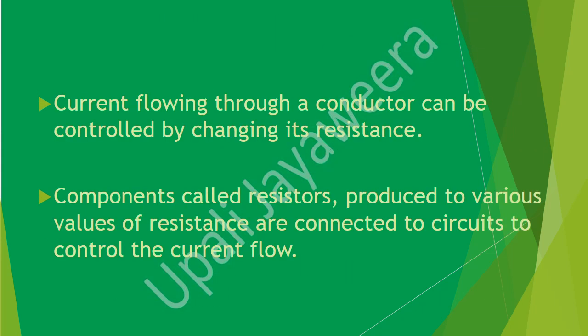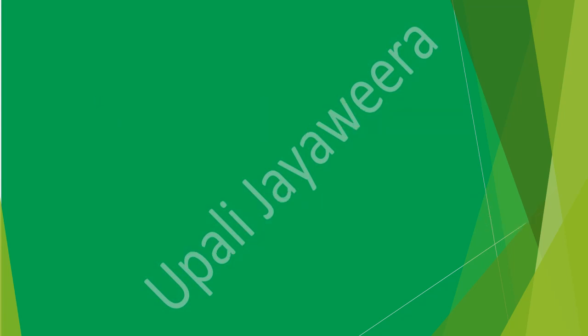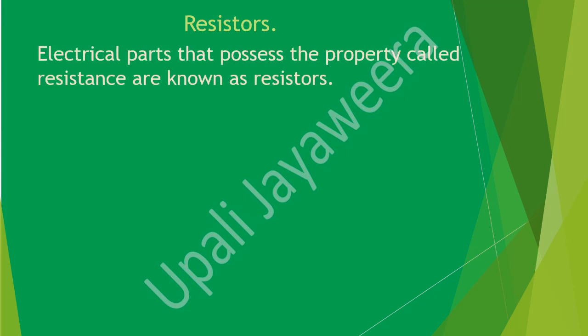Current flowing through a conductor can be controlled by changing its resistance. Components called resistors, produced in various values of resistance, are connected to circuits to control the current flow. What are called resistors?